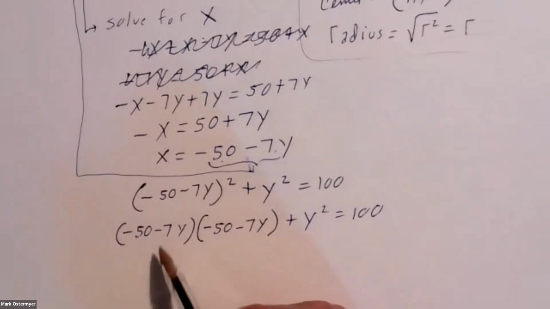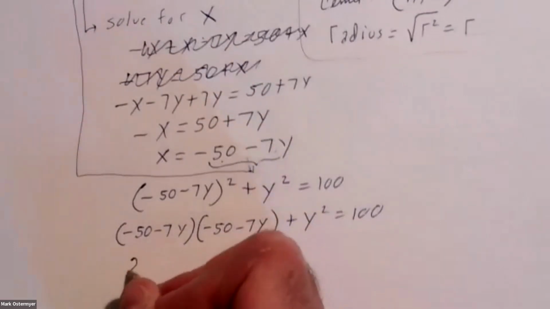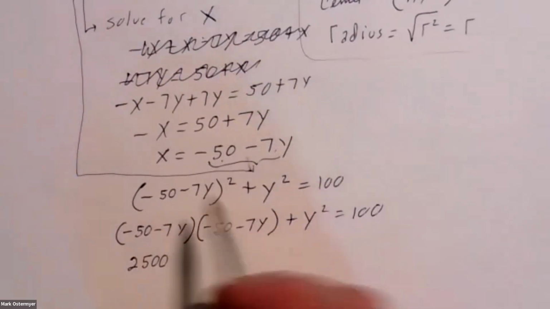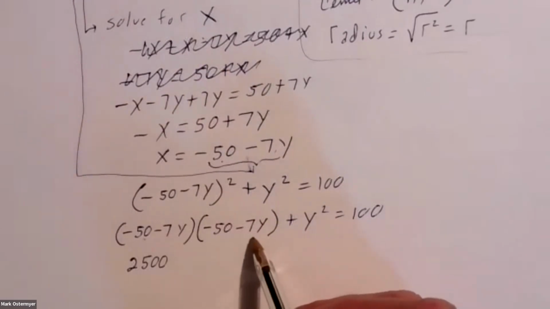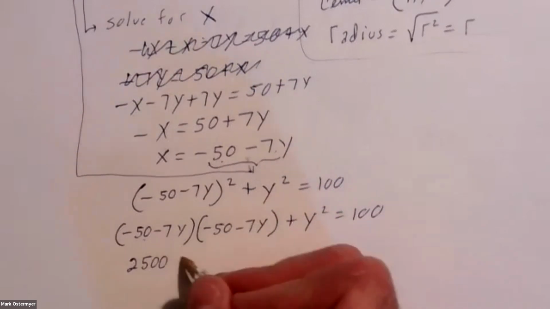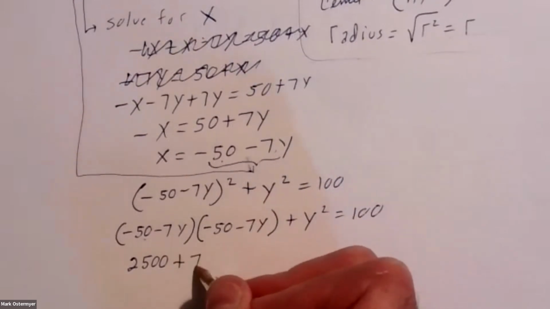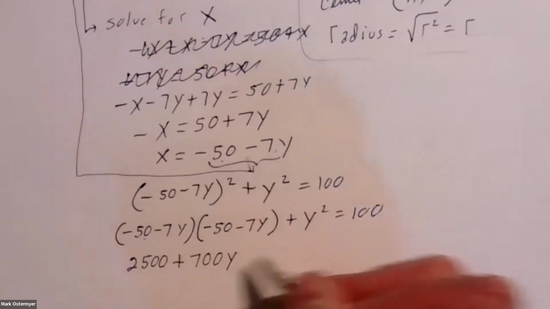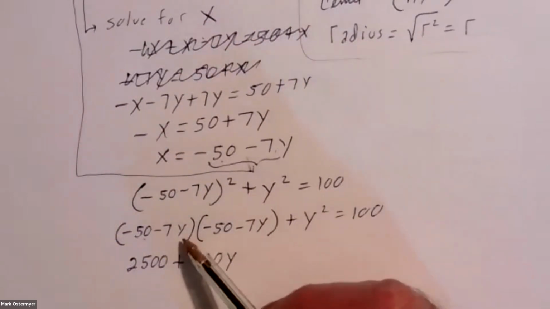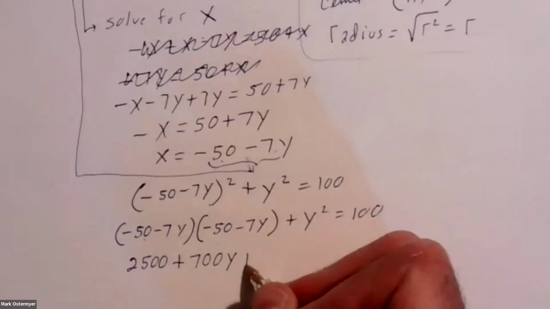So -50 multiplied by itself will give you 2,500. -50 times -7y is going to be 350y, plus another 350y, which is plus 700y. And -7y times -7y is plus 49y squared.